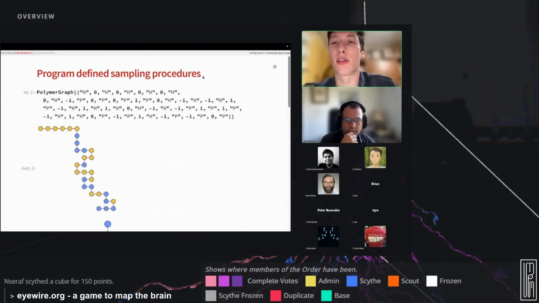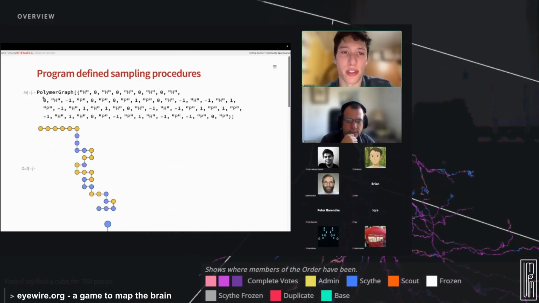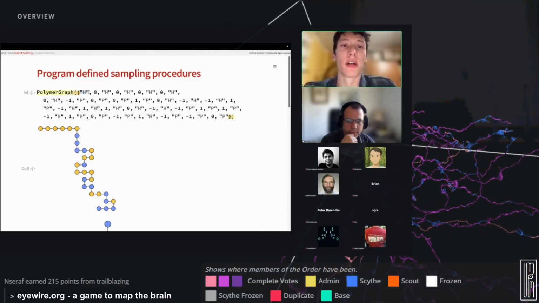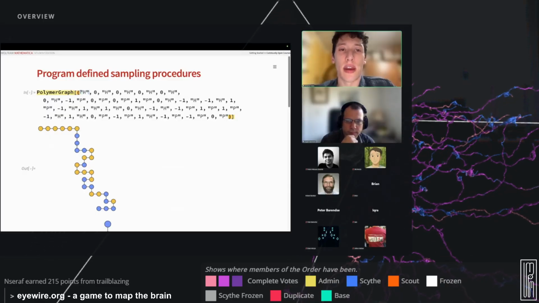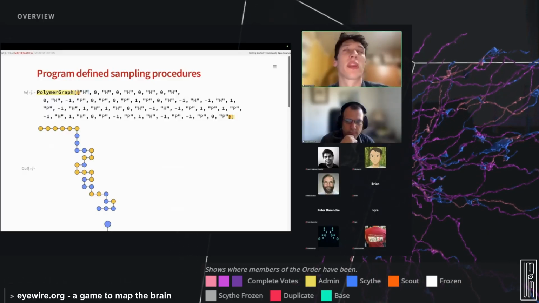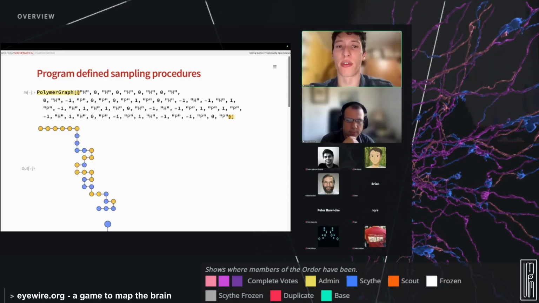Right, and then onto the last part, basically. So this is an interesting thing. You can define programs that directly operate on the structure of your thing.